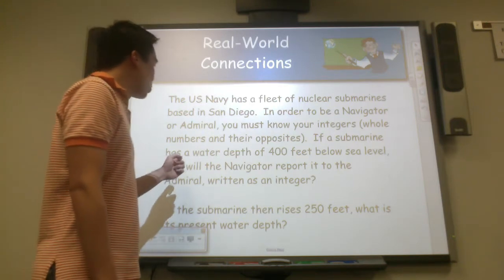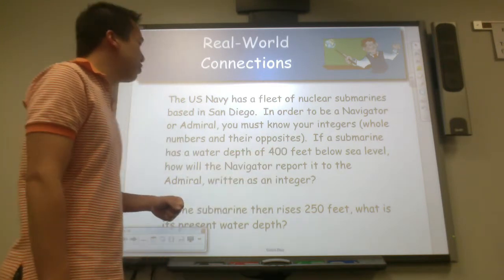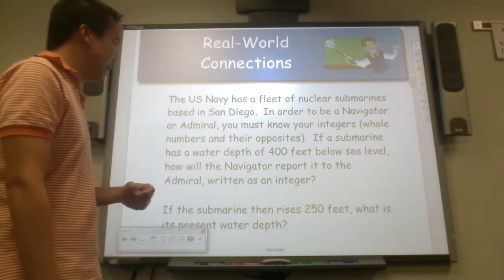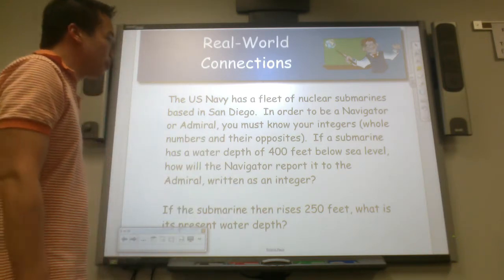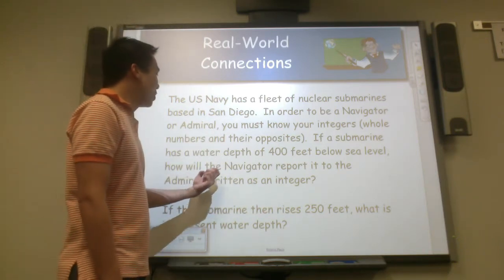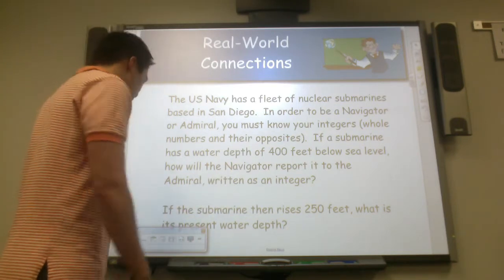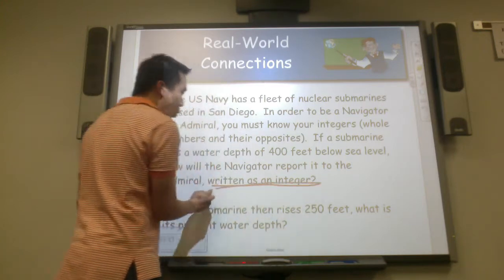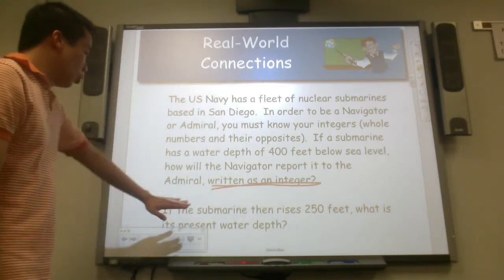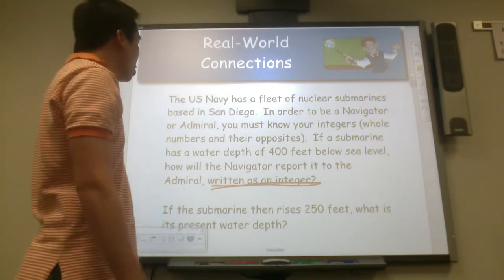If a submarine has a water depth of 400 feet below sea level, how will the navigator report it to the admiral, written as an integer? They want you to write that as an integer. So we'll read the second part in a few seconds.